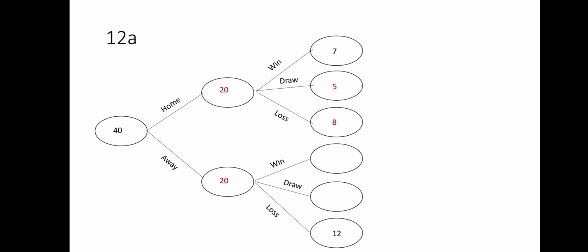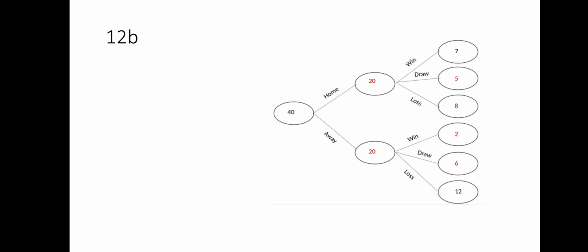And then if we focus on the away matches, we can say that there were 2 wins, because the question says of the away games, 1/10 were wins, and 1/10 of 20 is 2. And then therefore there must have been 6 draws to make the total number of away matches 20.